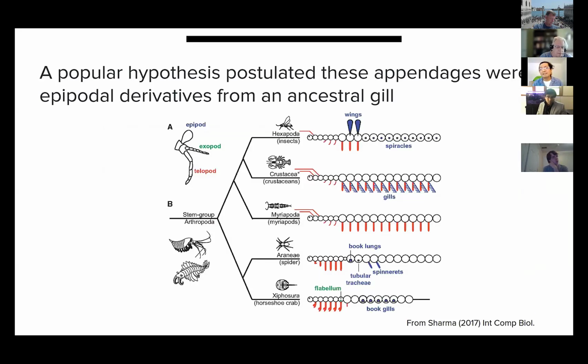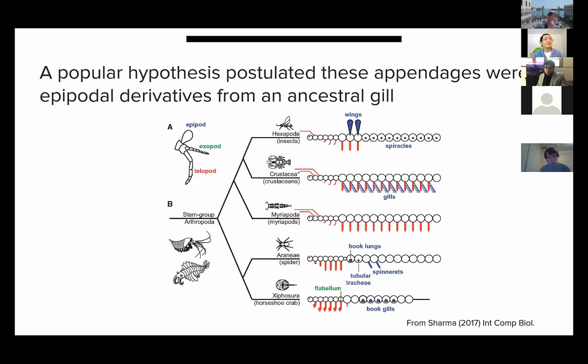There are hypotheses of what is the developmental origin of these structures. One of those is that they were hypothesized to be epipodal derivatives that would make them deep homologous to the insect wings and also the gills in crustaceans.